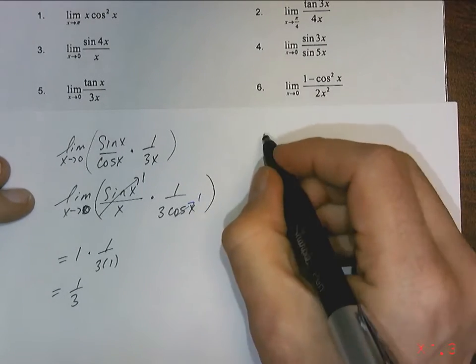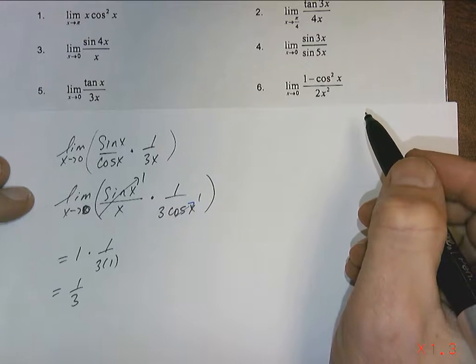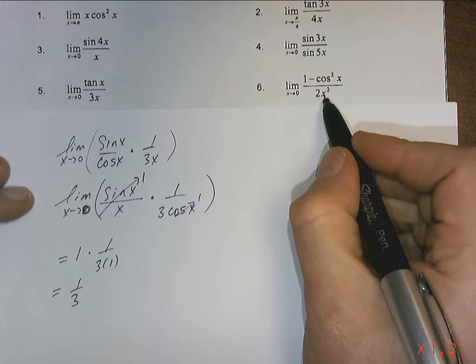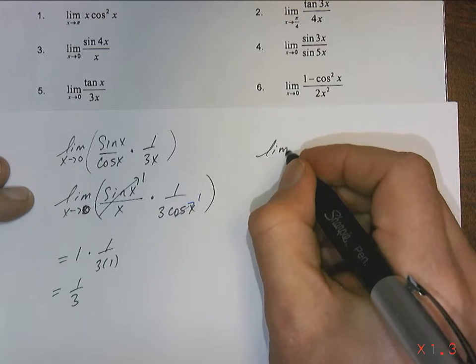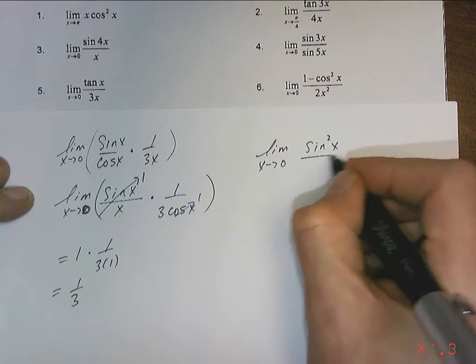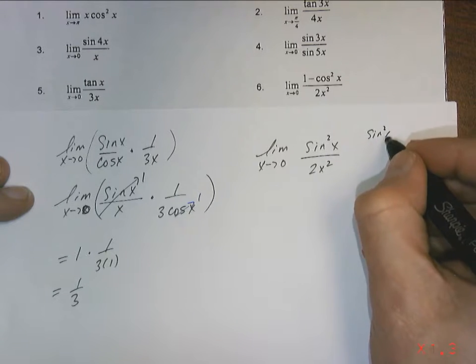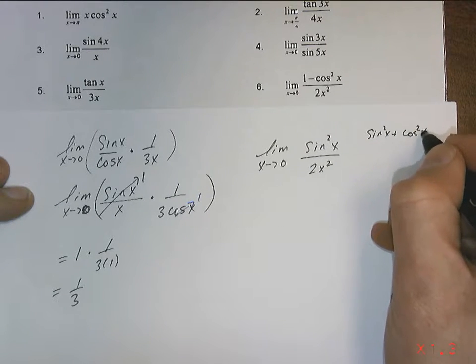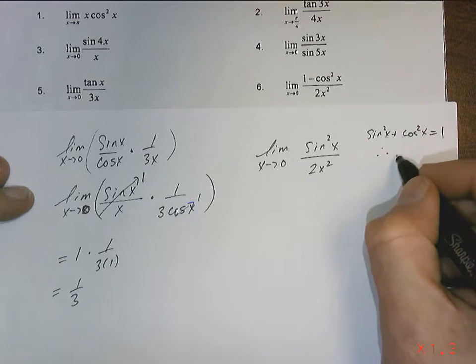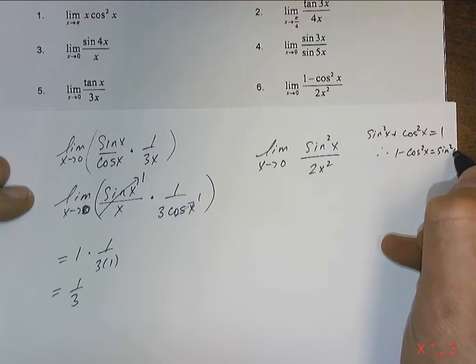Looking at this one, I've got 1 minus cos squared x, that's a bad thing. I see I've got x squared on the bottom, so I'm thinking of sine squared x over 2x squared, because I know that sine squared x plus cos squared x equals 1. So therefore 1 minus cos squared x equals sine squared x.